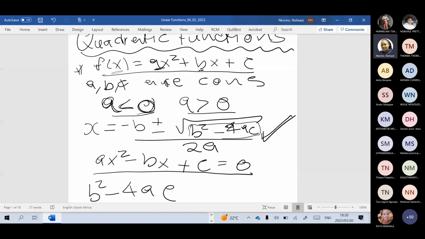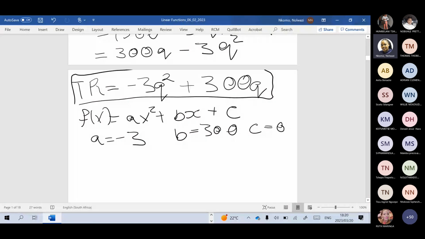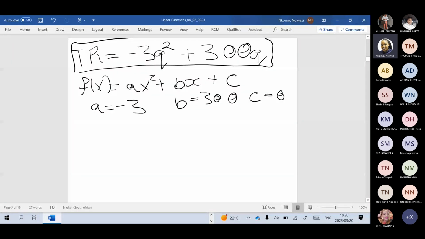And here, if we look at our total revenue, we have a minus 3, which is less than 0, meaning we'll find the maximum turning point, meaning we are trying to maximize the total revenue, right?